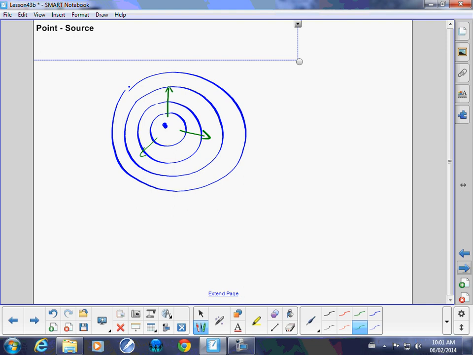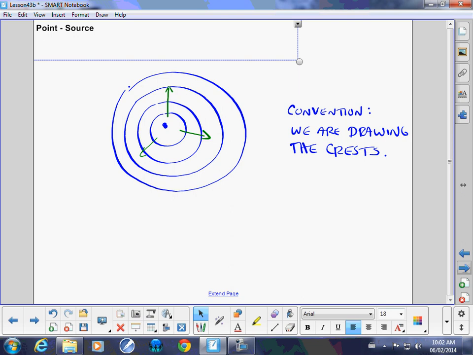And that's how we draw it. What at least my convention here is, I'll put this off to the side, the convention: we are drawing the crests. Whenever you draw a wave diagram for me, we're going to assume you're drawing the crests, which technically means your troughs are located in between.